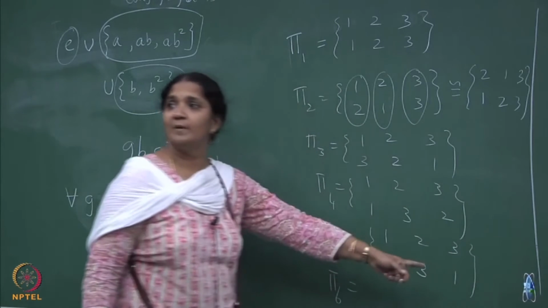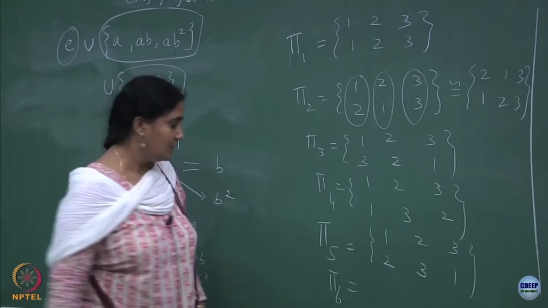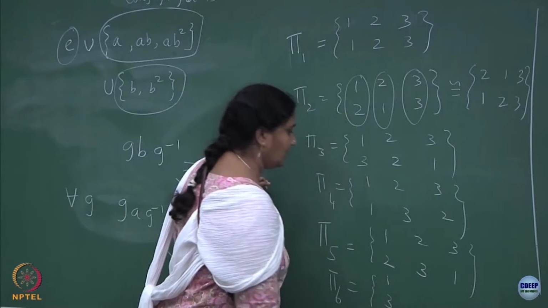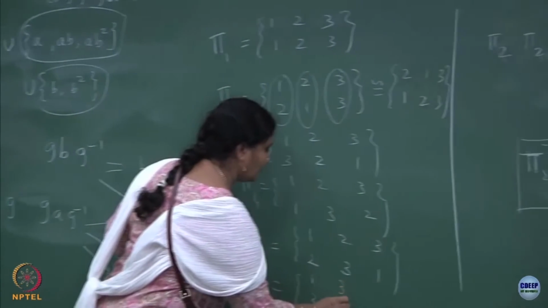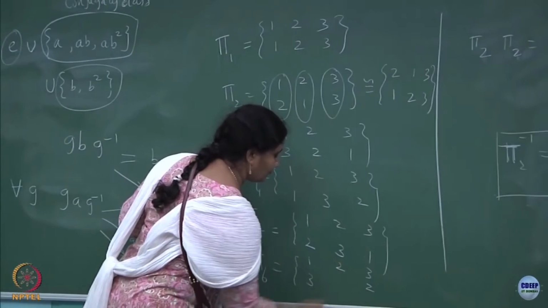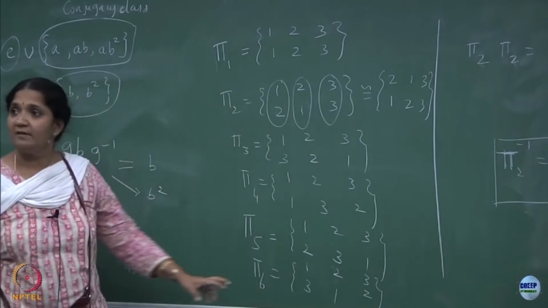This is one possibility, cyclic permutation. Other one is 1 goes to 3, 3 goes to 2, 2 goes to 1. Am I right?